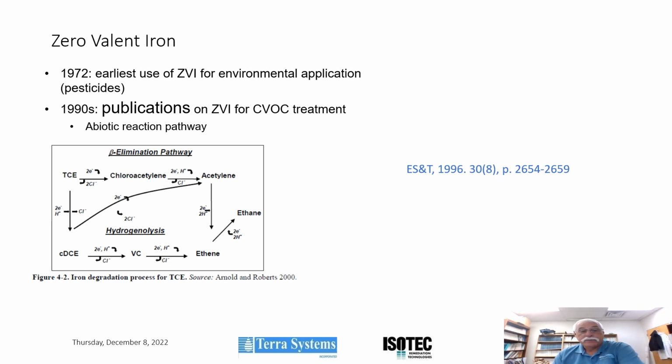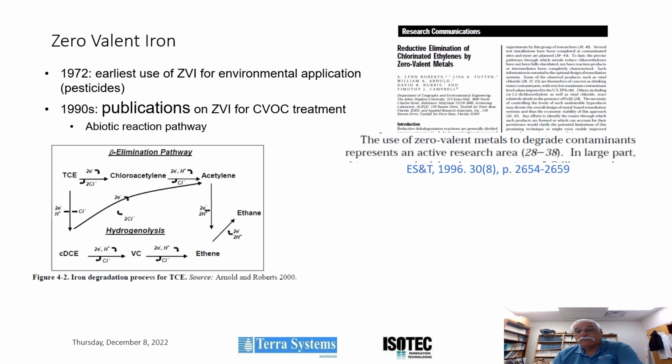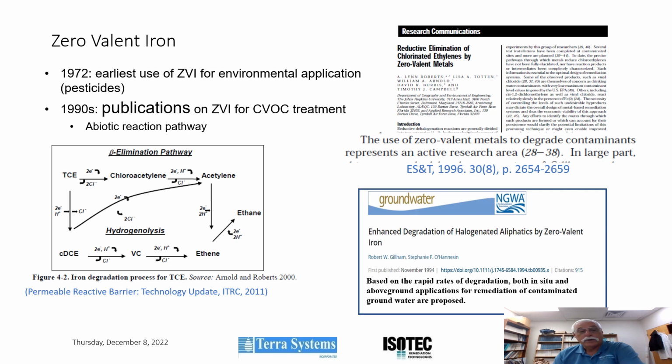The chloroacetylene and acetylene are typically short-lived products and then can be transformed further to ethene and ethane. A few of the important papers include the permeable reactive barrier technology update from ITRC in 2011, and papers in Environmental Science and Technology and in Groundwater.